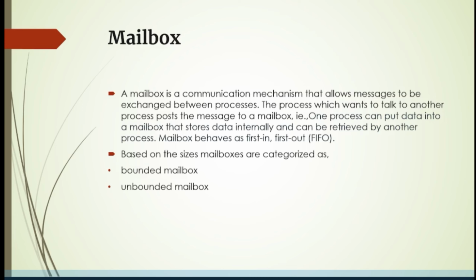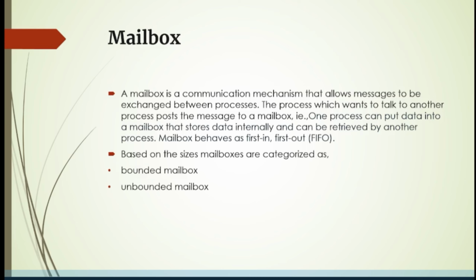Depending upon the size, just like in semaphores where you declare the size, similarly in mailboxes you also declare the size. Depending upon the size you declare for your mailbox, they are categorized into bounded mailbox and unbounded mailbox. If you know about queues, you can understand the meaning of bounded and unbounded.